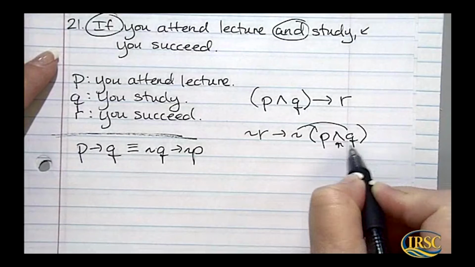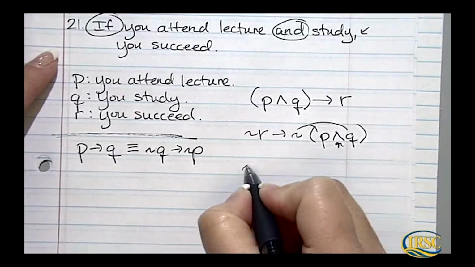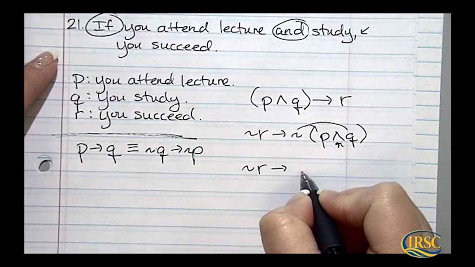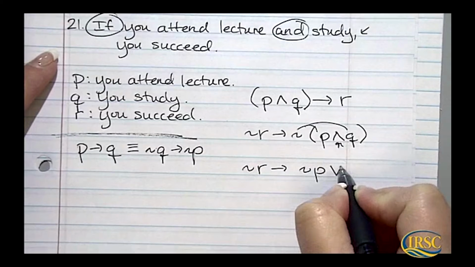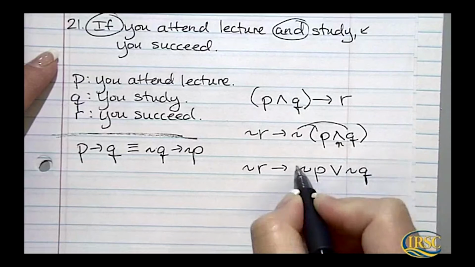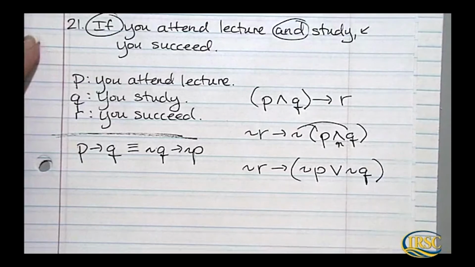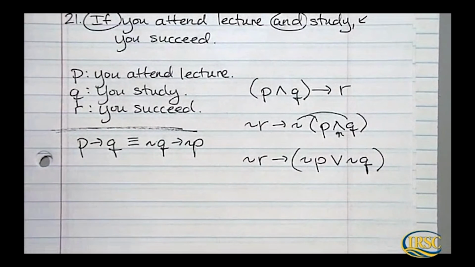Distribute that negation and flip. And you have if not R, then not P or not Q. Now we still have to keep this in parentheses to show that's the entire then statement. And so there's one way we can write our equivalent statement, and we use De Morgan's law in the process.